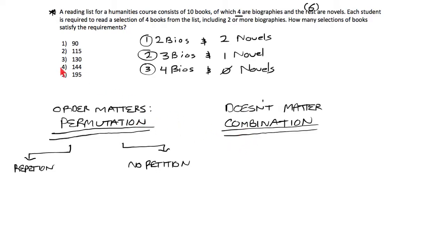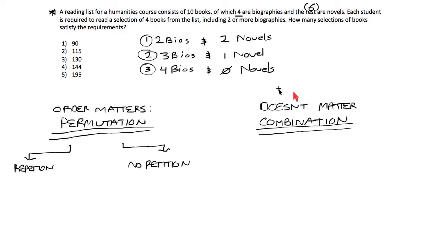And then under combinations, you have the same 2 subcategories: the ones where repetition is allowed, where you can see the same entries twice, and then there's no repetition.